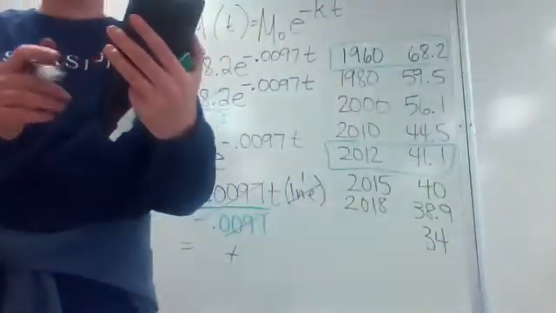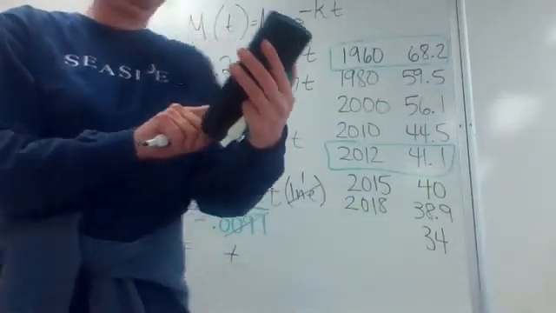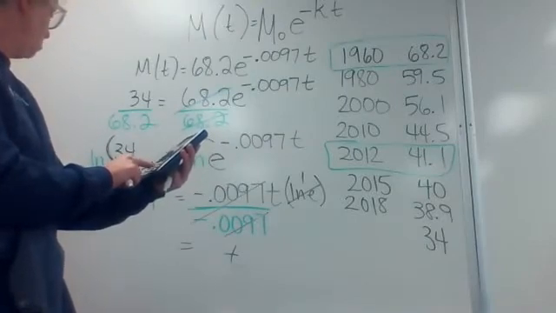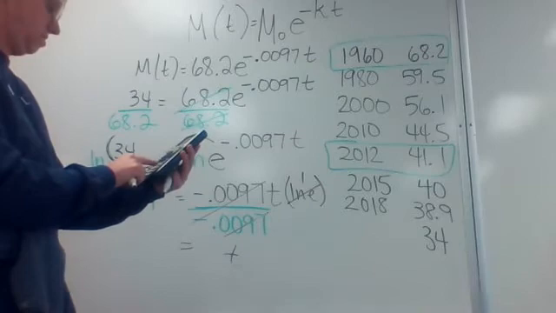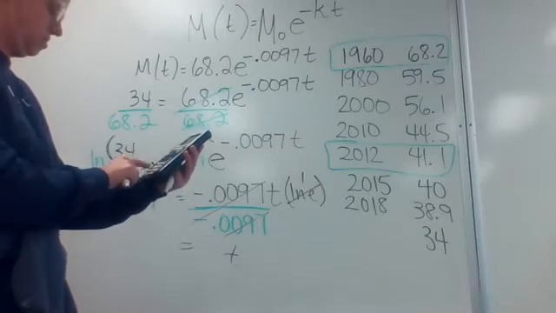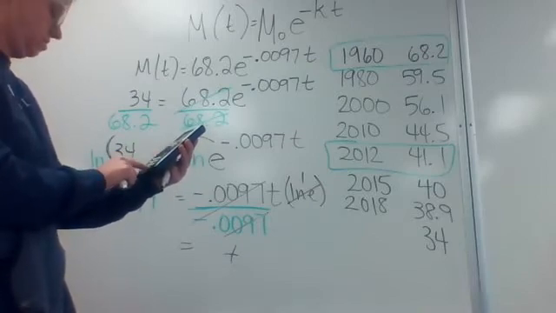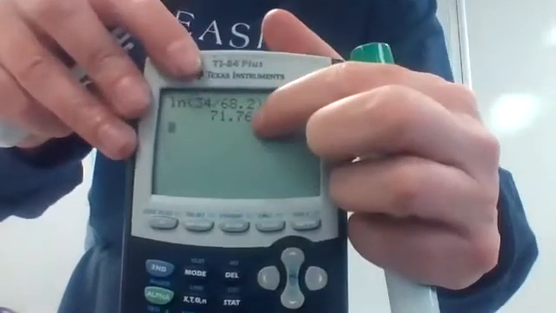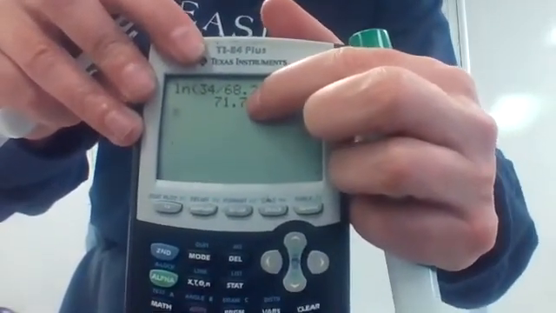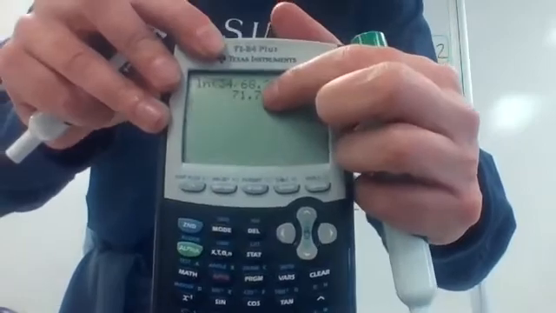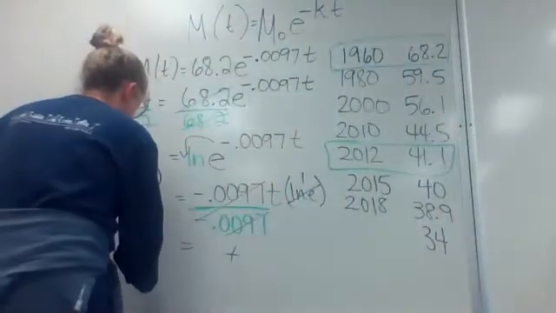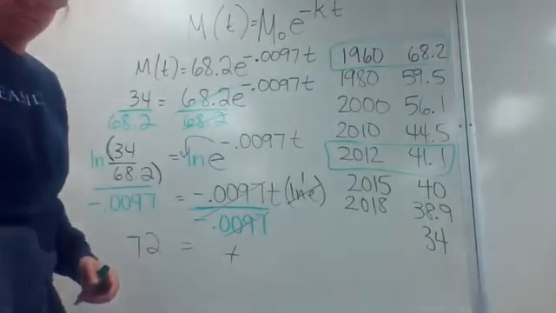Oh, what did I do? I think I entered some kind of decimal or something. So rounding to the whole number, if it's 71.7, that means 72.